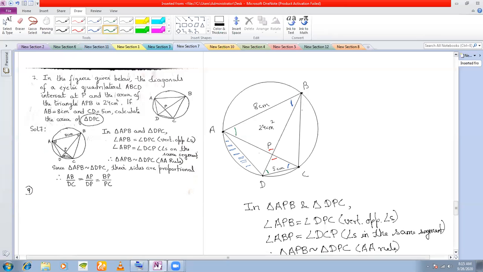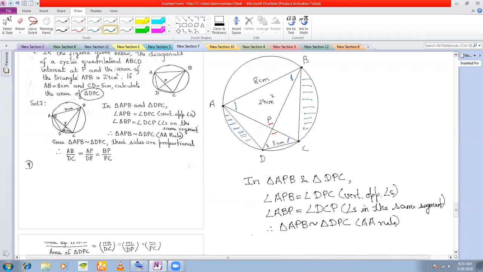If you consider the chord BC, this is the minor segment and the rest is the major segment. These two green angles are on the major segment made by the chord BC, so they must be equal. Or you can reason it the other way, because these were the only two angles left. So I've marked all the equal angles here.